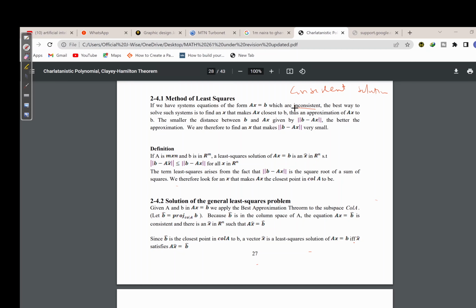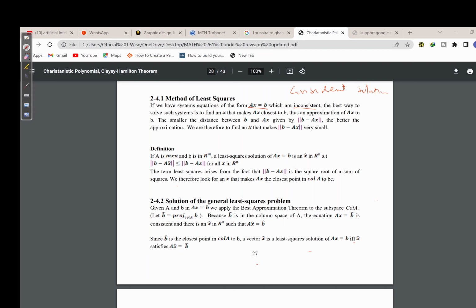When you have a system of equations, you can write it in this form: Ax equals b, where b is the constant terms, the values at the right hand side of the equal sign, and A is the coefficient matrix. Since this is an inconsistent system, it means that the coefficient matrix is singular.